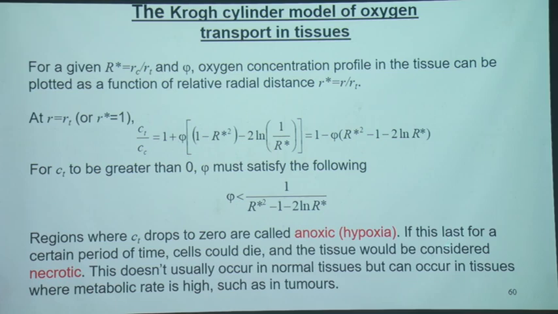And obviously, if this is in a living system and it lasts for a period of time, then the cell can die. Obviously this does not happen in normal tissue, but it can happen in extreme conditions, especially when the metabolic rate of oxygen consumption is high, for example, in tumor. So in tumor models, it is common that there are necrotic regions.